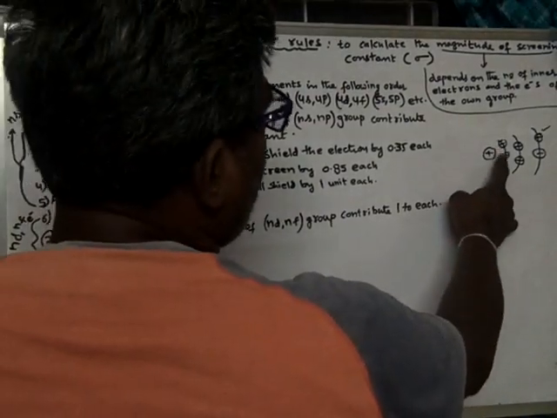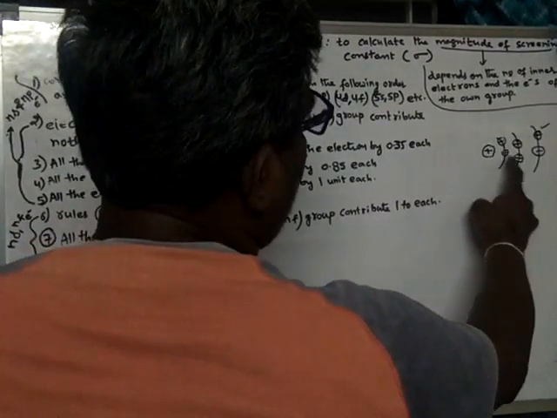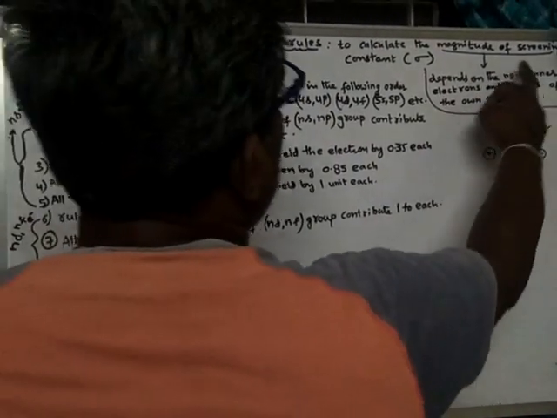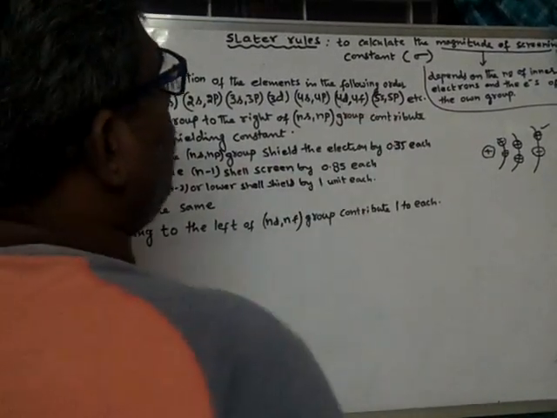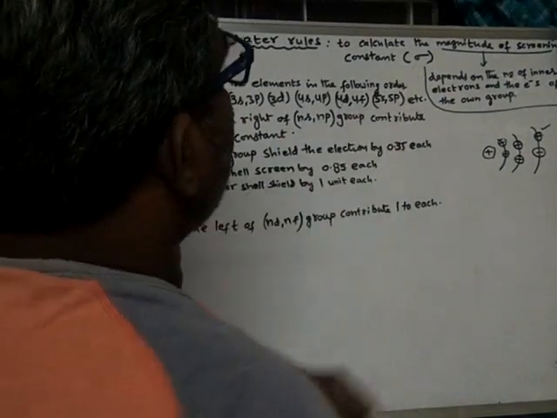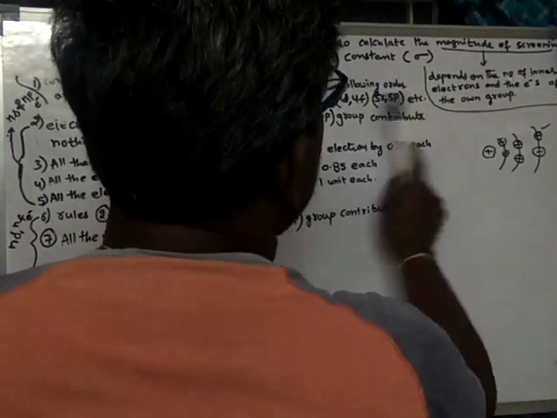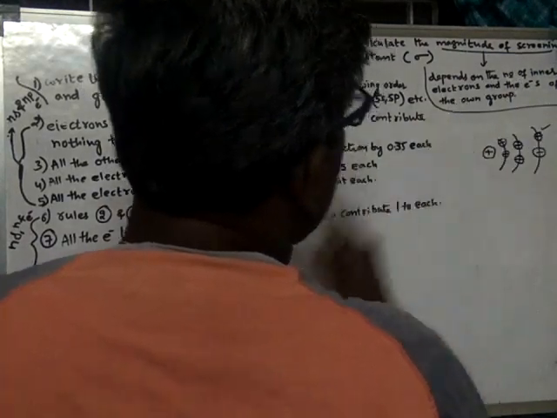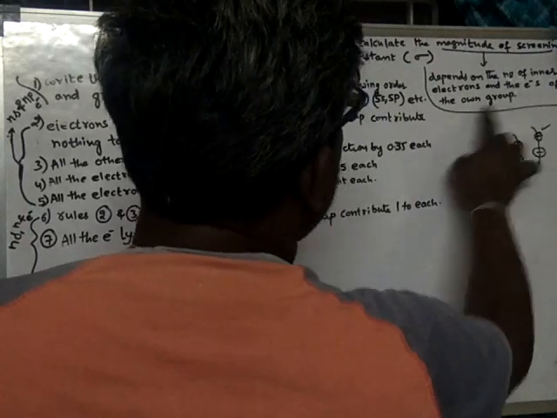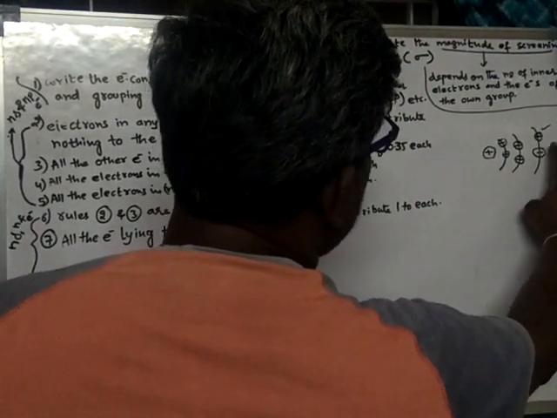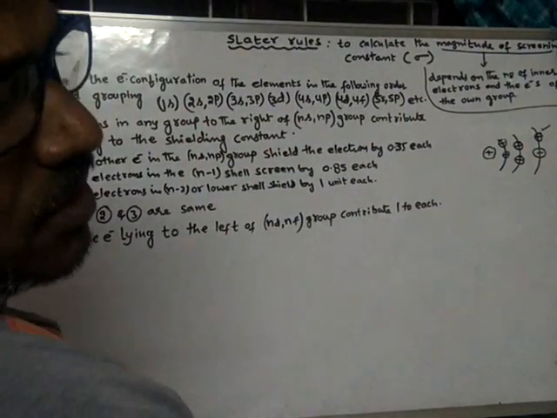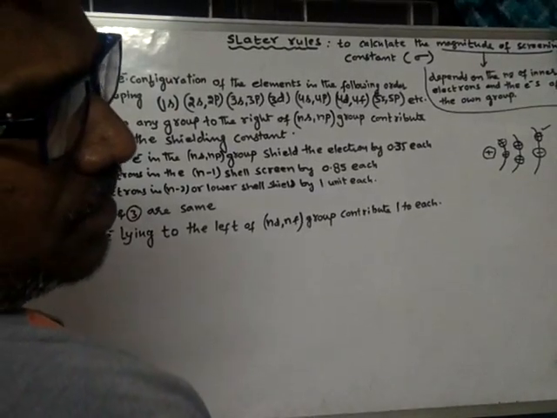Upon calculating the screening effect shown by all the electrons, we get some value. That value is called the screening constant, designated as sigma, the Greek letter sigma. The magnitude of screening constant depends upon the number of inner electrons and the electrons of its own group. If two electrons belong to the same group, then the other electron also will show some screening constant.